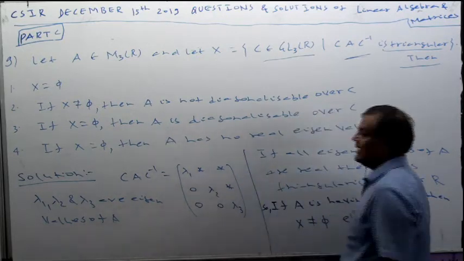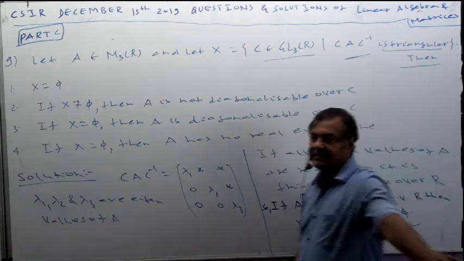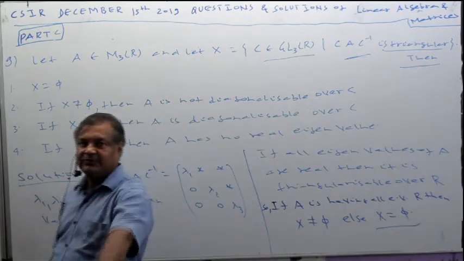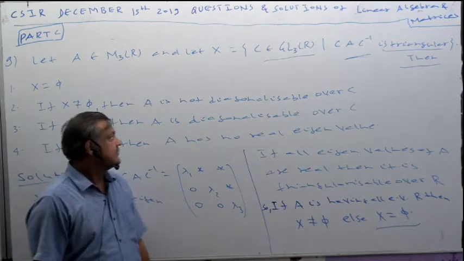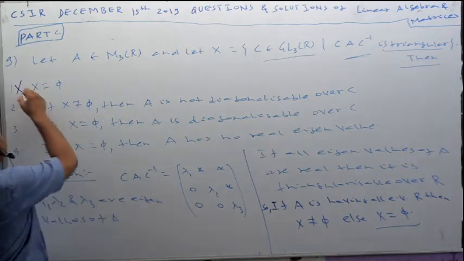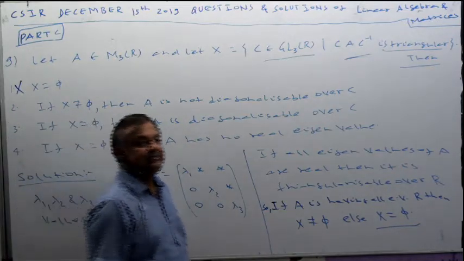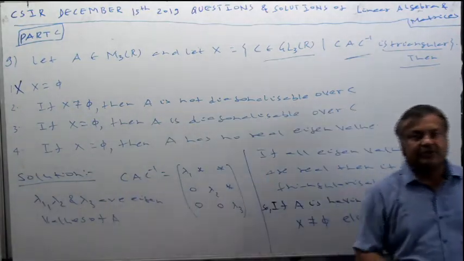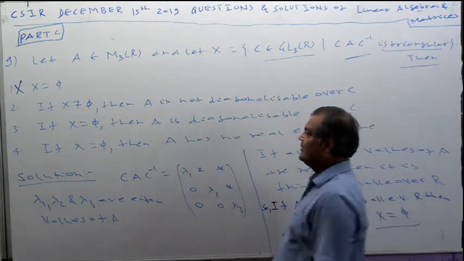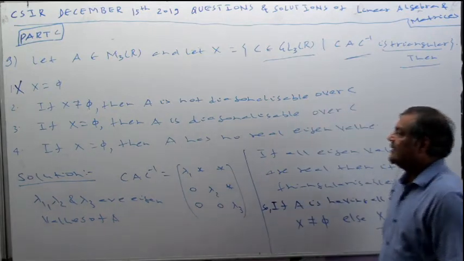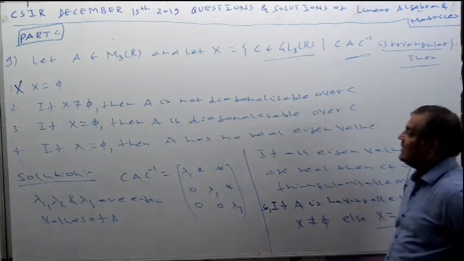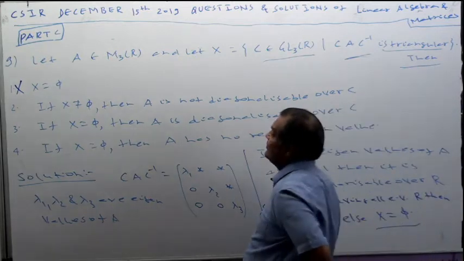Else means if all eigenvalues are not real, then it will not be triangularizable over R. So X is phi, that is totally false, because X can be non-empty also, because a given matrix can have all eigenvalues real. So first one gone.